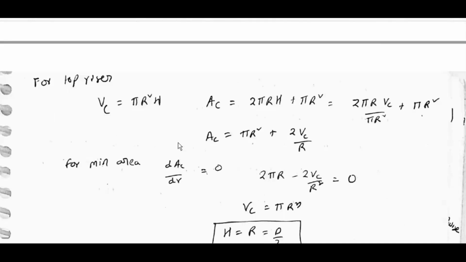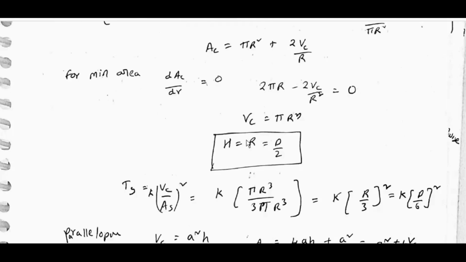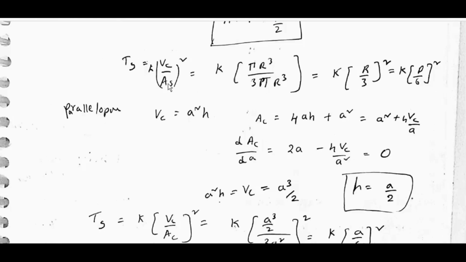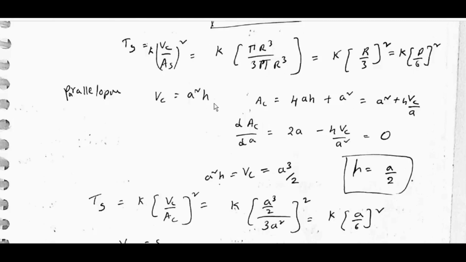For the top riser, the bottom area will not be considered. Vc is equal to pi r square h remains same. Ac is equal to 2 pi r h plus pi r square, only pi r square, and the remaining same. Then we will get optimum h is equal to r is equal to d by 2. Ts is equal to K into Vs by As whole square, which is K into d by 6 whole square.